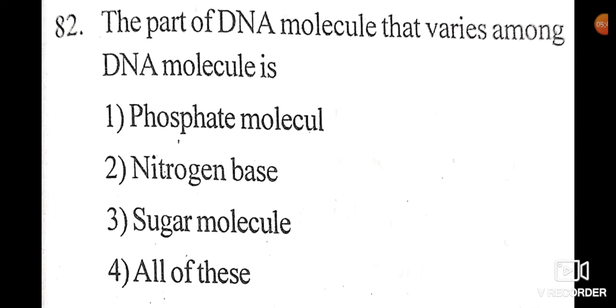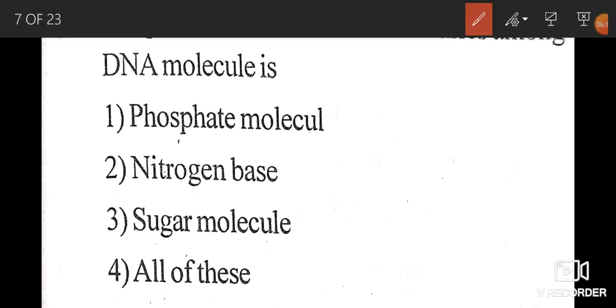Question number 82. The part of the DNA molecule that varies among DNA molecules is... The right option is 2, nitrogen bases. Nitrogen bases vary.